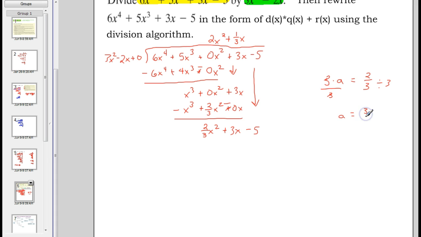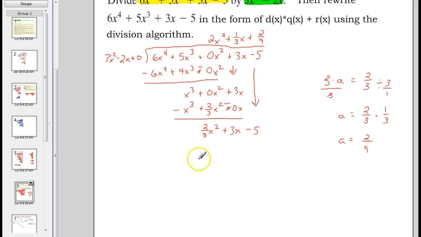Remember, 3 is the same thing as 3 over 1. So I can write that as 2/3 divided by 3 over 1, which is the same thing as times 1 over 3. So A is 2 times 1 is 2, 3 times 3 is 9. So I need to multiply by positive 2/9.